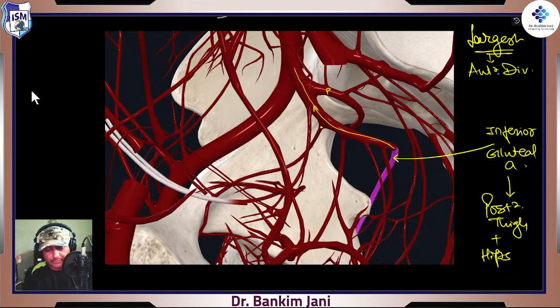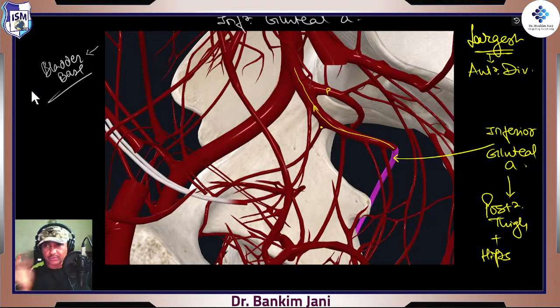Here we are dealing with only the inferior gluteal artery. So this inferior gluteal will be giving some muscular branches, but at the same time, it will give some vesical branches to the bladder, seminal vesicle, prostate, all those things, right? Bladder base. Do you remember we were talking about the bladder base, right? And those posterior structures.